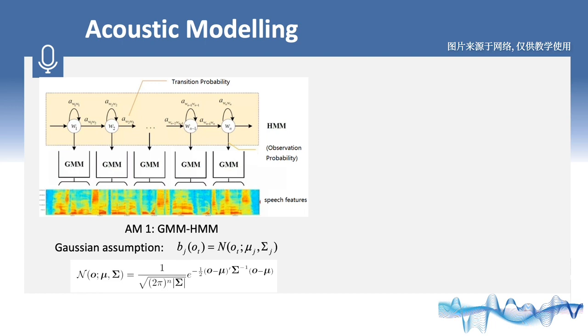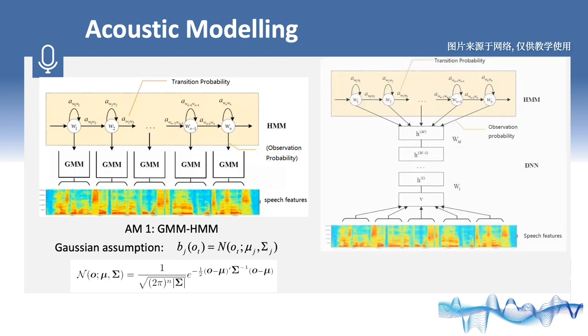In recent years, discriminative models such as deep neural network, DNN, have shown better results in modeling acoustic features. Acoustic models based on deep neural networks have greatly surpassed the past GMM-HMM model in the field of speech recognition.